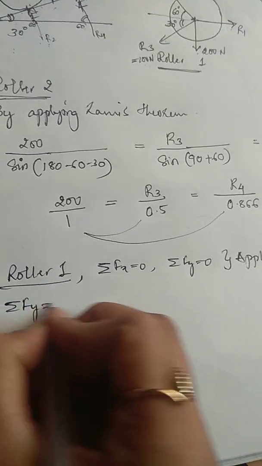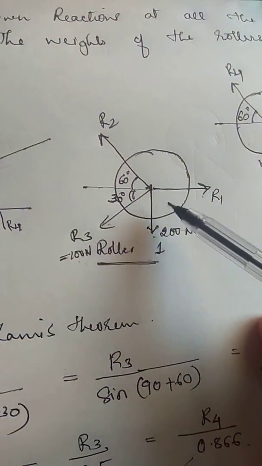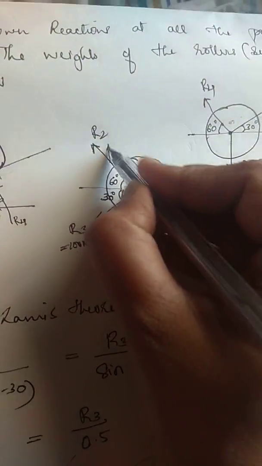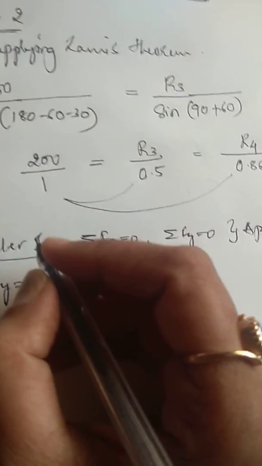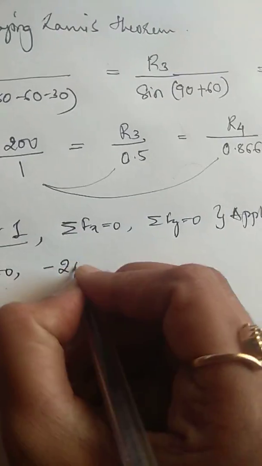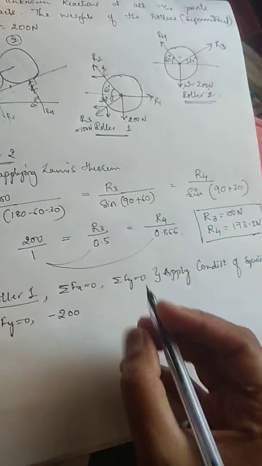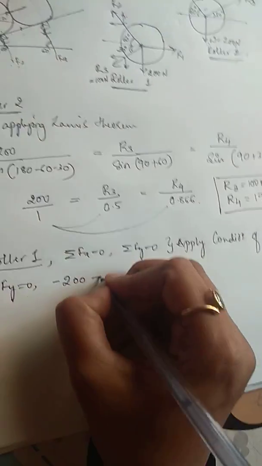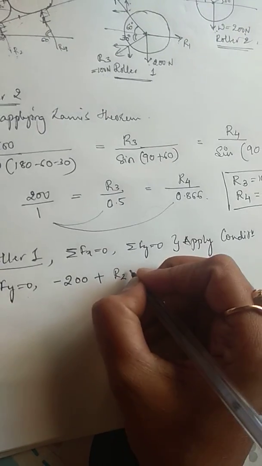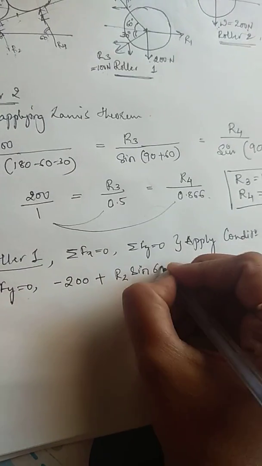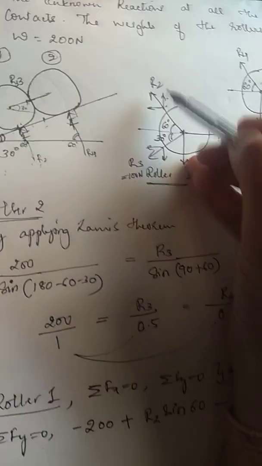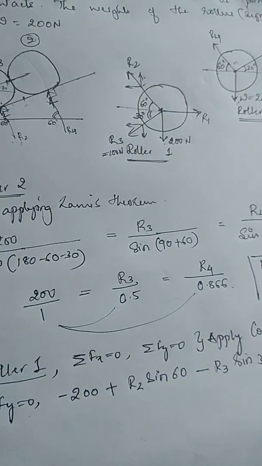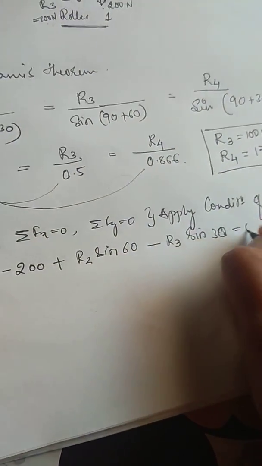Okay, so now I will begin with summation f of y equal to 0 first. For all the y forces, I have a 200 and I'll have components of R2 and components of R3. So summation of y equal to 0, I will write minus 200 because it is coming downward, plus R2 because it is upward, sine of 60, minus R3 sine of 30, that is R2 sine 60 minus R3 sine 30 equal to 0.